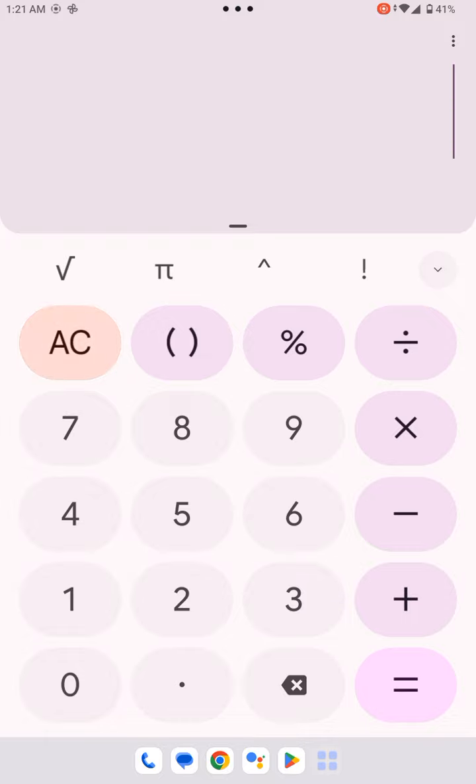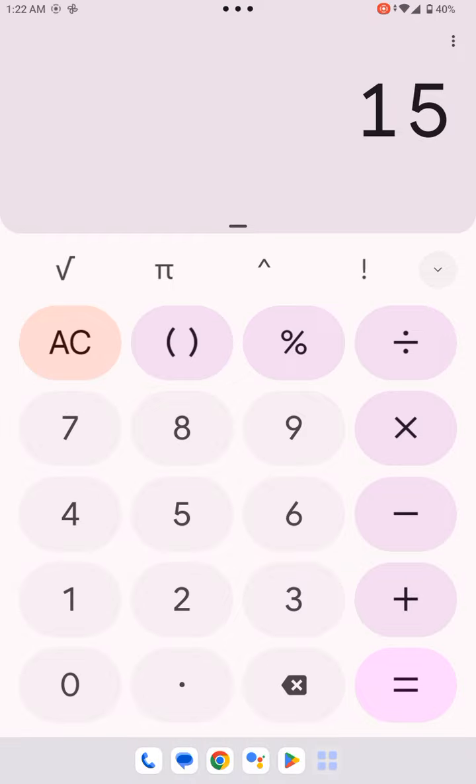Just like I tell you, if you have 15, 15 has 5 at the ones place, and 5 is not divisible by 2. So 15 is not divisible by 6, because for the divisibility test of 6, I'm telling you again, the number has to be divisible by both 2 as well as 3.